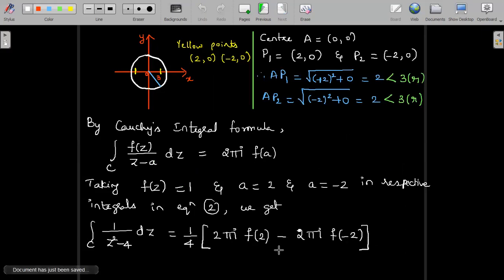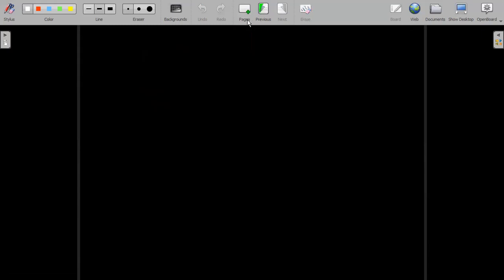So let us find out what are f of 2 and f of -2. Since f of z is 1, f of 2 and f of -2 both will be 1 itself. Since on comparison, we had obtained f of z is equal to 1. F of 2 is also 1 and f of -2 is also 1.